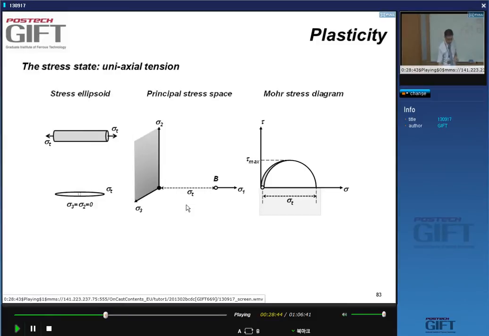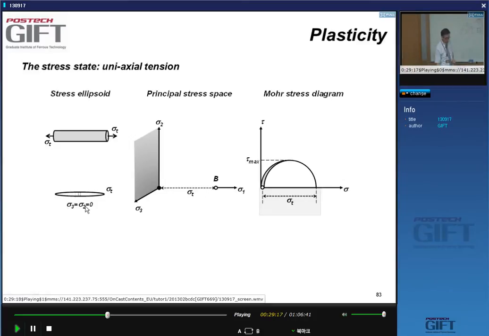Okay, now let's look at the system that's of interest to us. It's the uniaxial tension. In reality, for the stress ellipsoid, what you can think of is basically a line, and half the length of this is equal to the applied tensile stress. Sigma 2 and sigma 3 are 0.